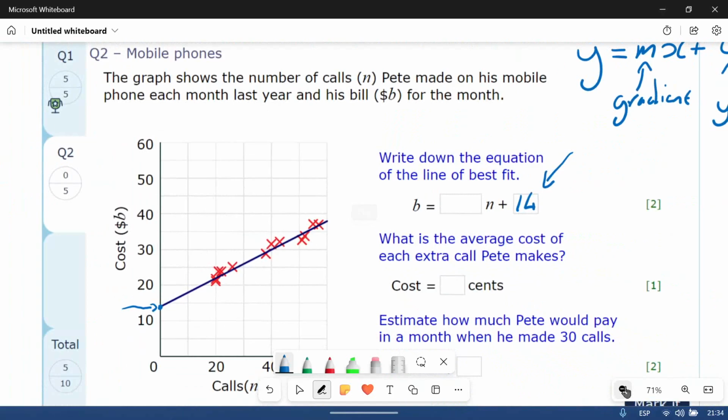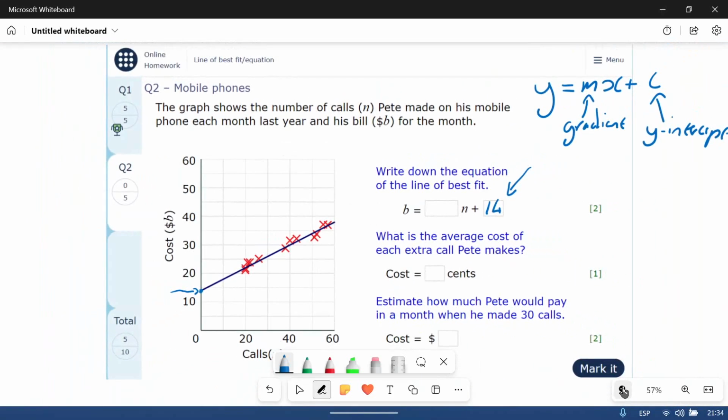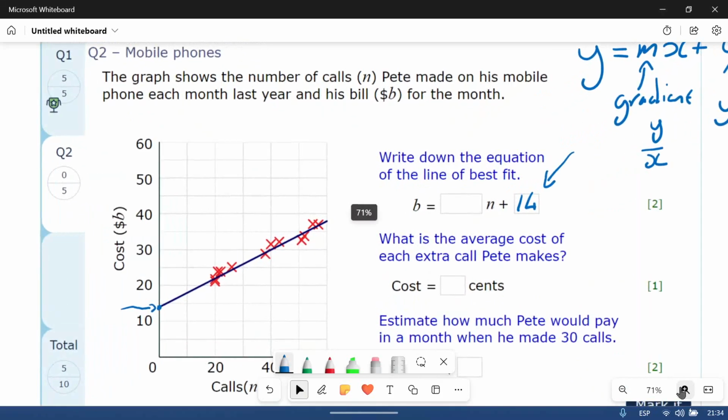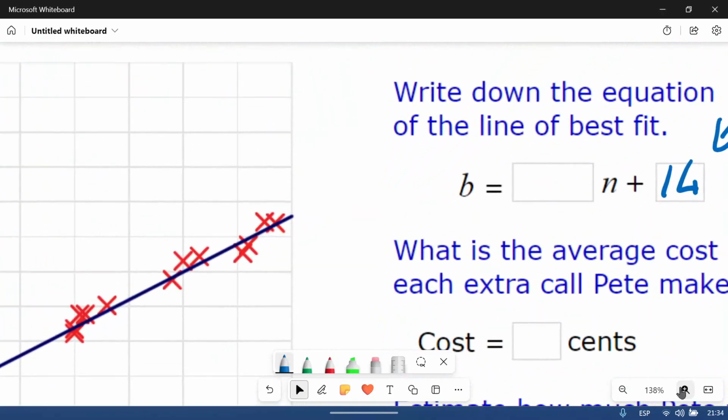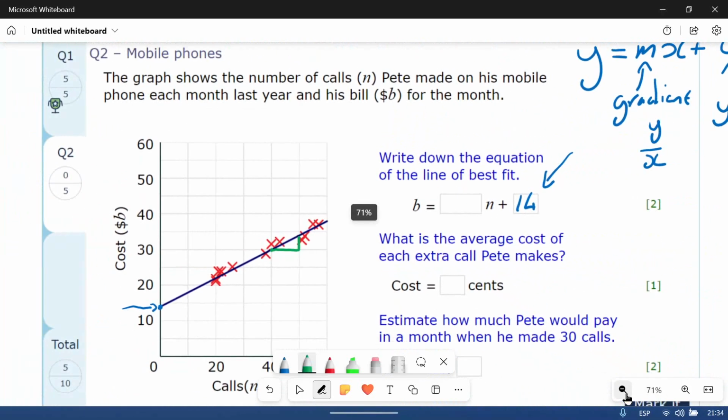And then the gradient, of course, is always the change in y over the change in x, the up and down over the left and right. For that, again, we just zoom in a little bit, and here we need to use a whole cross. If you look here, if we draw a cross and up, how wide is one rectangle?